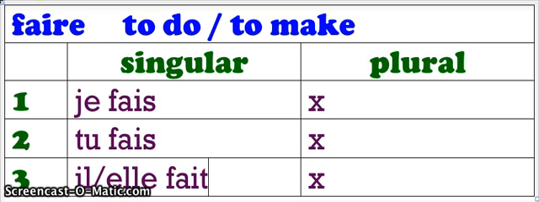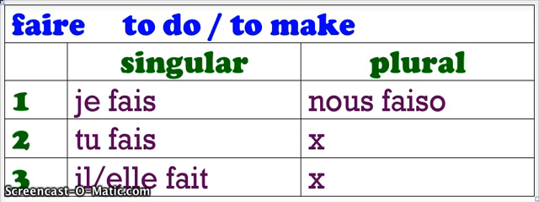Let's take a look at the plural. First person plural. This is I, and I is included in a group here, which makes it we. In English, the French of we is nous. Nous. We. And the form of faire that accompanies nous in the present tense is F-A-I-S-O-N-S. Notice again that O-N-S ending here. That is the hallmark. That is the giveaway that this is first person plural.